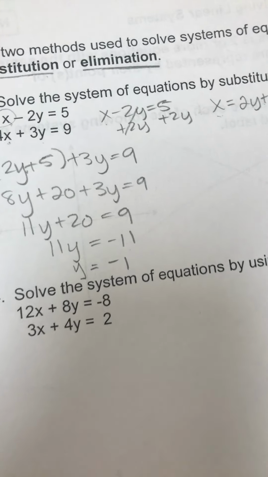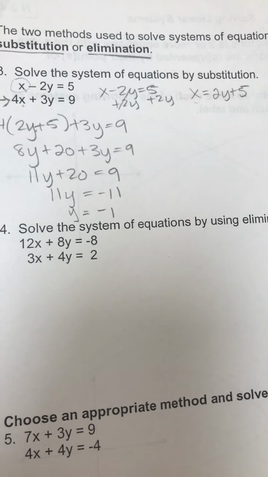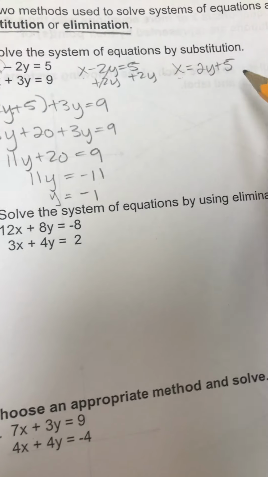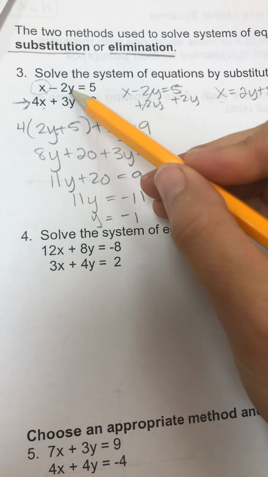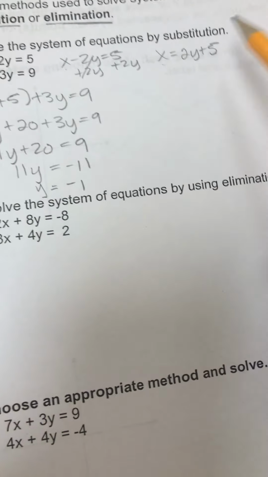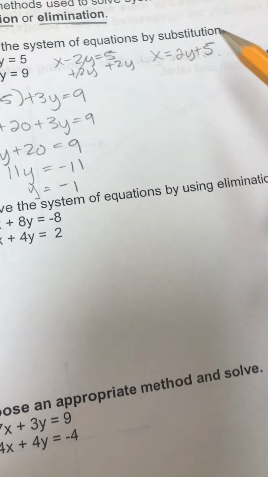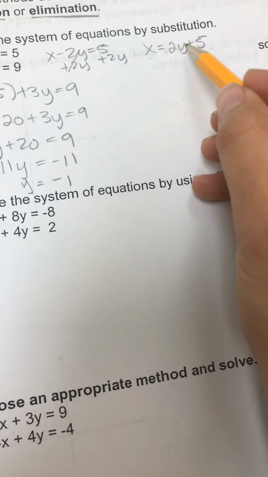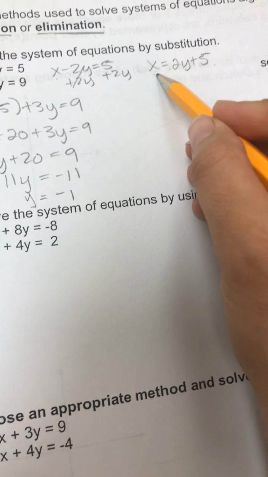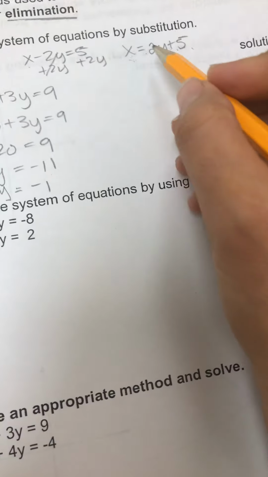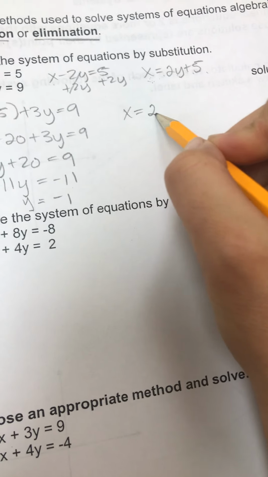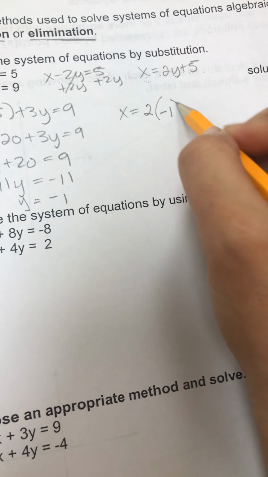All right. So now you're going to take your original equation, x minus 2y equals 5, or you can take your x equals 2y plus 5, and put y back in and figure out what you get for x. We got y equals negative 1, so x is equal to 2 times negative 1 plus 5.